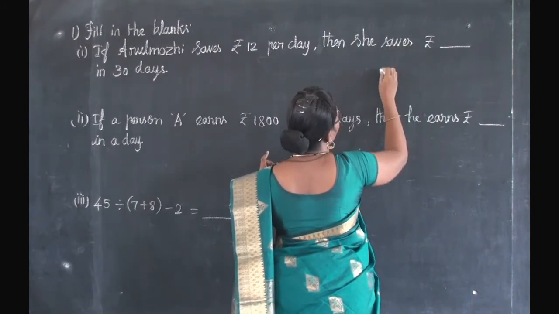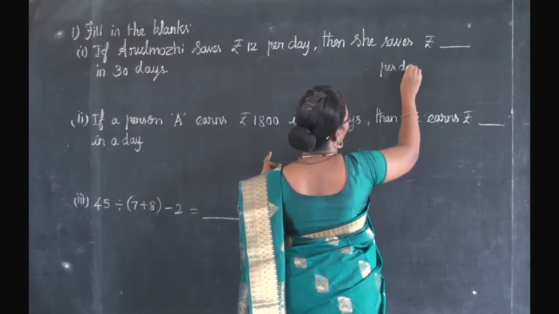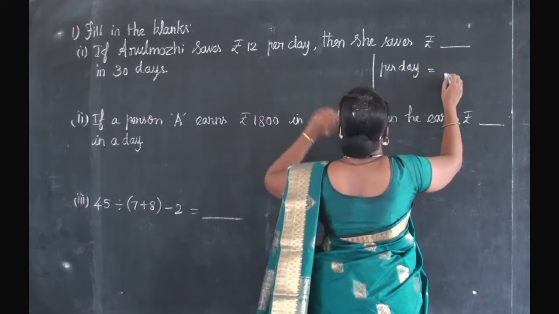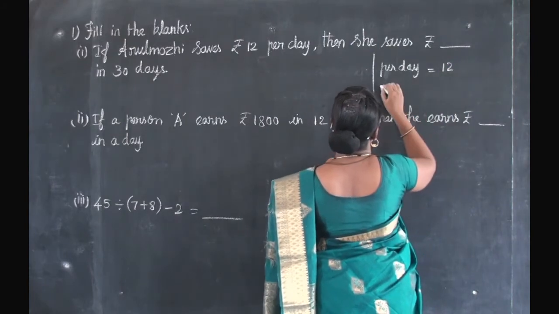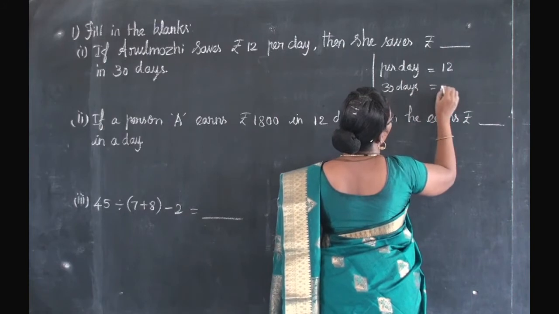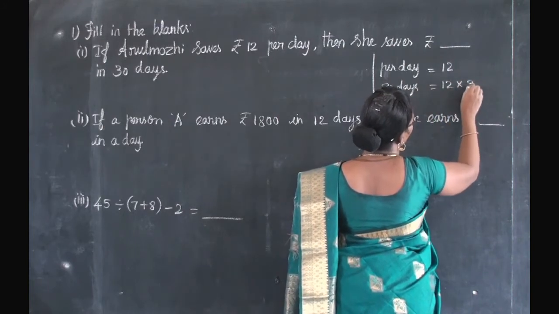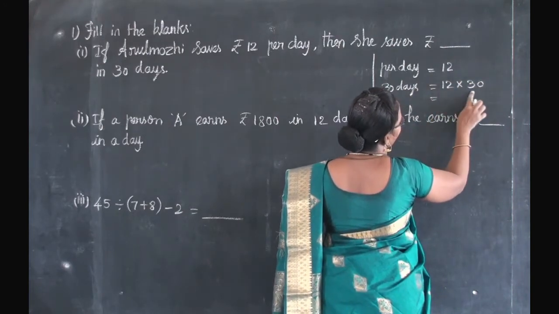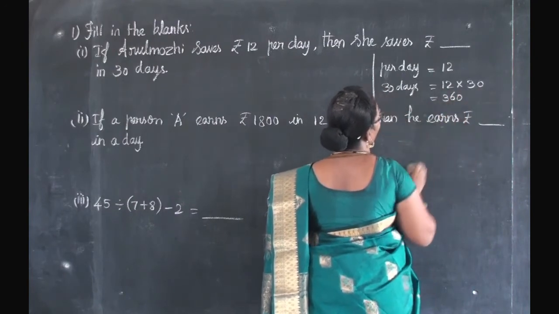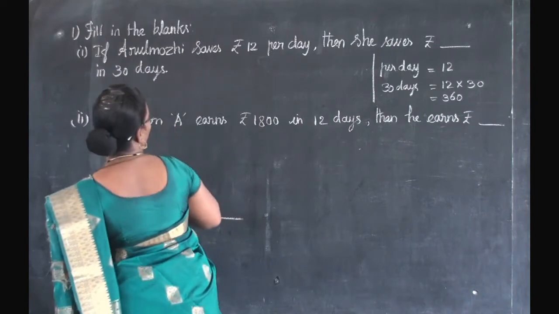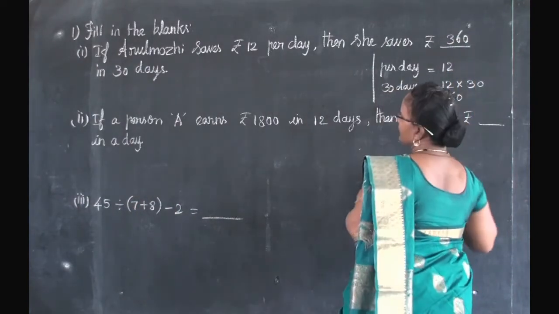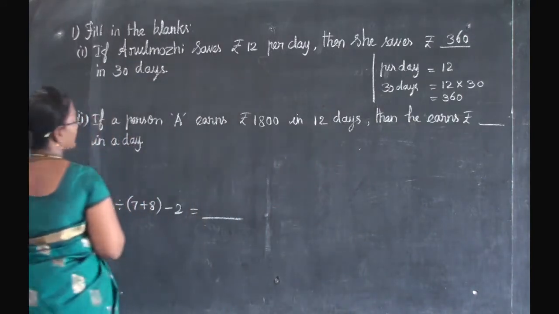So per day 12 rupees, in 30 days means 12 into 30. 12 threes are 36. Put the 0 along. So 360 rupees in 30 days. That is the answer.